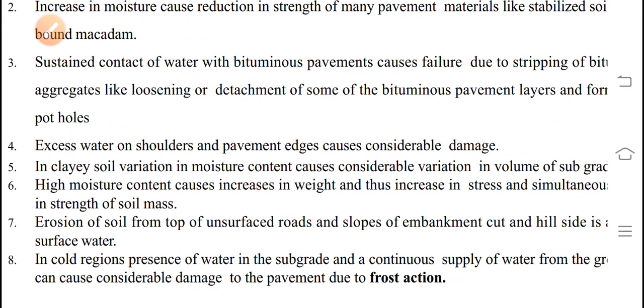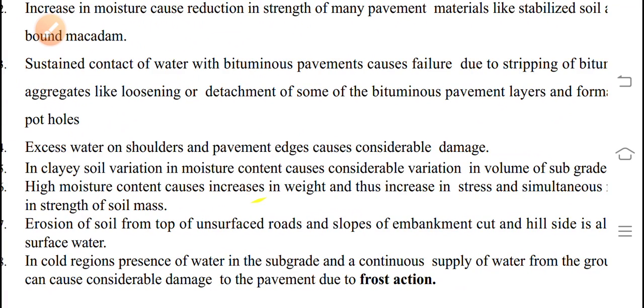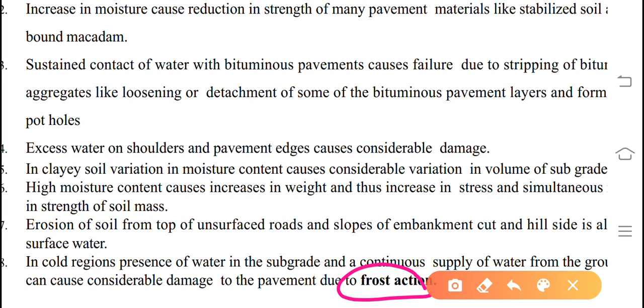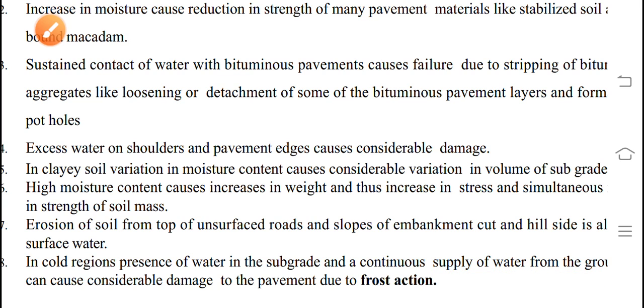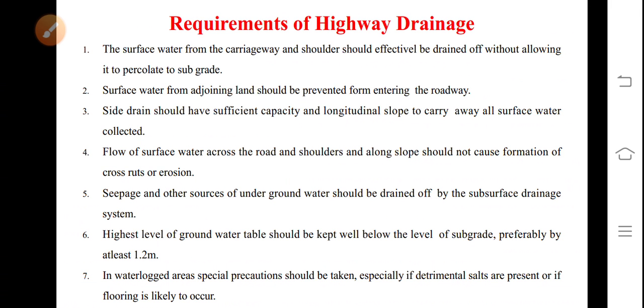In cold regions, presence of water in the subgrade and a continuous supply of water from the groundwater can cause considerable damage to the pavement due to frost action. So these are all several points of significance of drainage, why it is a necessary and essential part of highways.